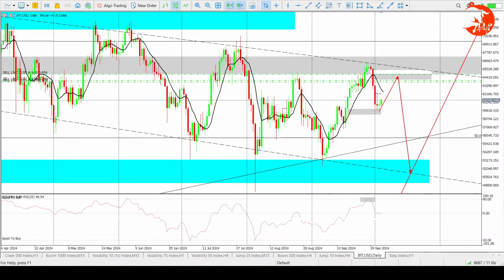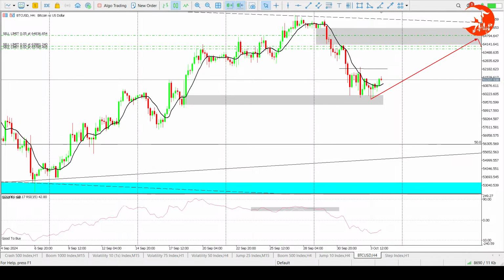But now we can shift to H4. We'll look at what H4 is saying. Looking at H4, we had sort of a double top up there, and then sales started. It started to give us lower lows and lower highs.